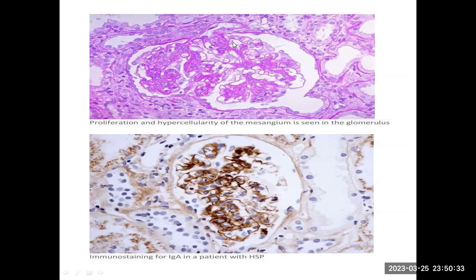These are the spaces of the glomerular capillaries, but here there is proliferation of the mesangium, and this indicates IgA nephropathy. On immunofluorescence, it will show you IgA deposits along the mesangium. Focus here: proliferation and hypercellularity of the mesangium in the glomerulus.